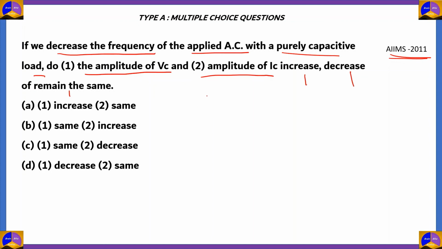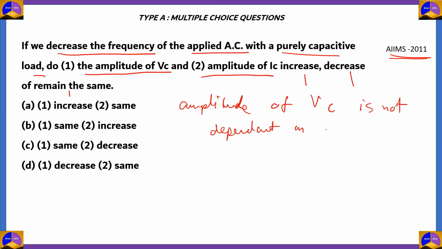And the way to go about this question is simple, but it requires some sort of tricks. The first trick to note is that the amplitude of VC is not dependent on the linear frequency of the AC source.